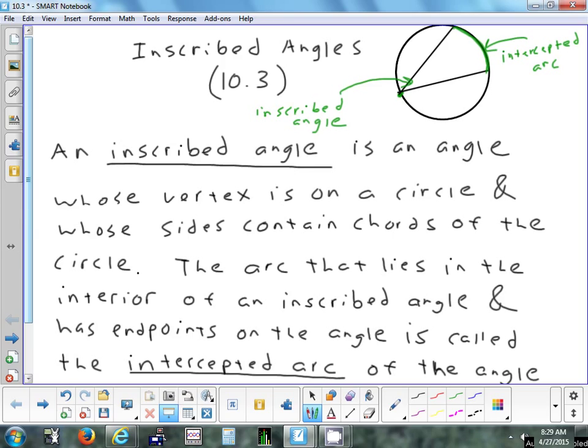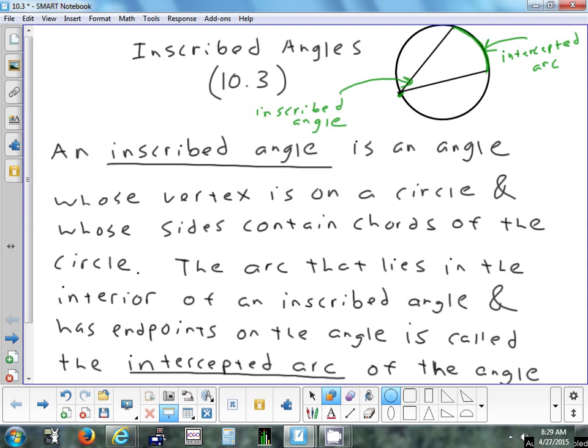Okay, any questions on what an inscribed angle is or an intercepted arc is? Anybody think they know what the connection is going to be between the size of the angle and the size of this arc? Well, we learned when you have a central angle, it's the same.